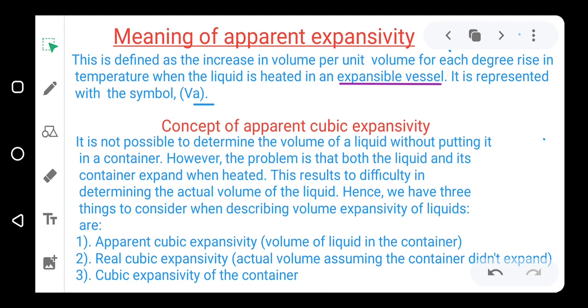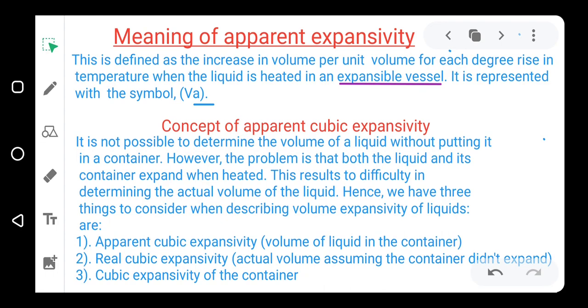So in order to correct for this, we always have three things we consider when we are talking about the expansion of liquid. Number one is the actual or the real expansivity of the liquid, the real volume expansivity of the liquid. Then we also consider the expansivity of the vessel, and then the apparent or the observed, the one we are observing, that we think that that is the expansion, but it is not, because we've not taken into consideration the expansion of the vessel. That is the one we call the apparent.